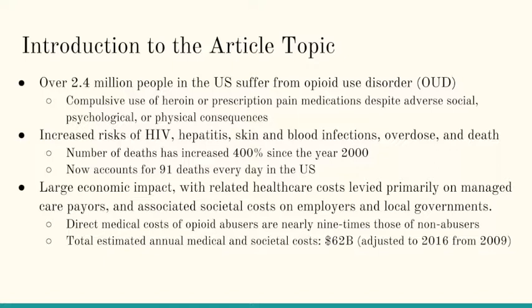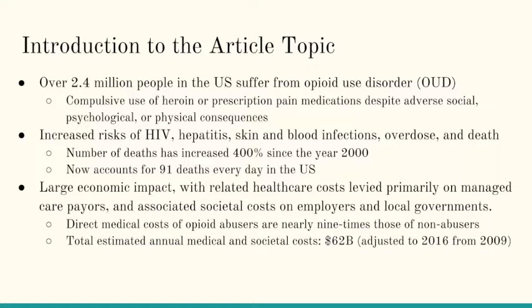OUD certainly is not a harmless disorder, as patients who suffer from OUD have an increased risk of HIV, hepatitis, skin and blood infections, overdose, and opioid-related deaths. The number of opioid-related deaths has increased 400% since the year 2000 and now accounts for 91 deaths every day in the U.S. The terms opioid epidemic and opioid crisis have been used to describe the magnitude of this impact on human life and society overall.